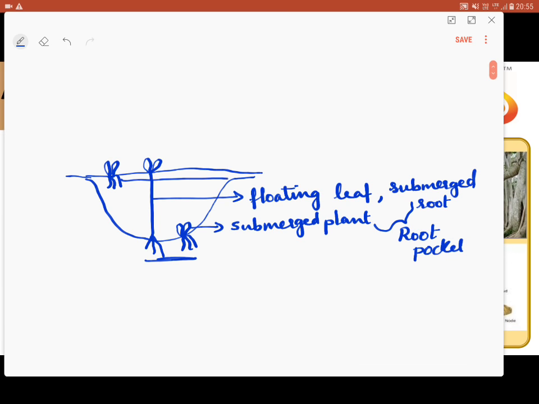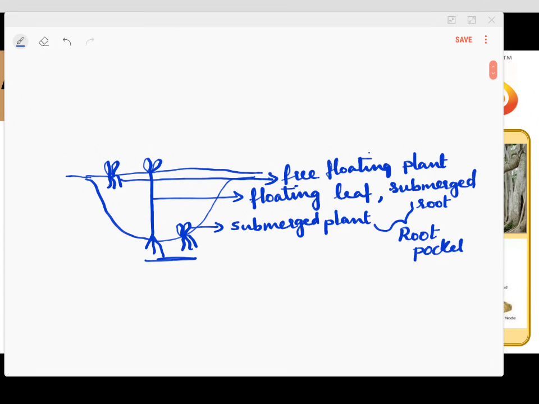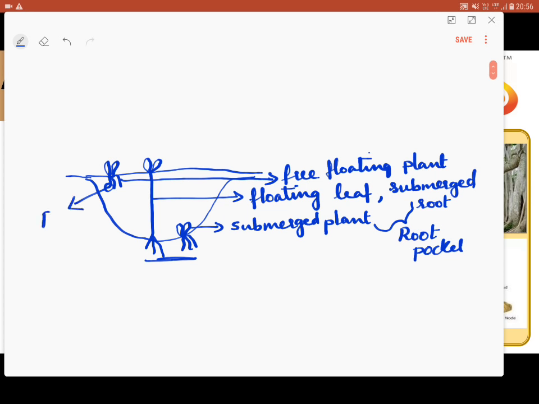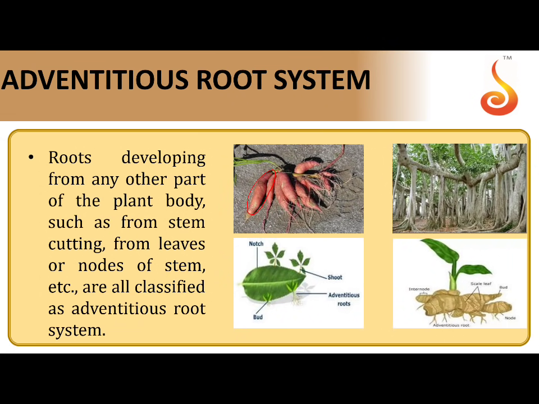But in this case, it is a free floating plant. It doesn't have any issues with soil. In such a case, we see a root pocket. So, I hope you are clear with this root pocket part of it.